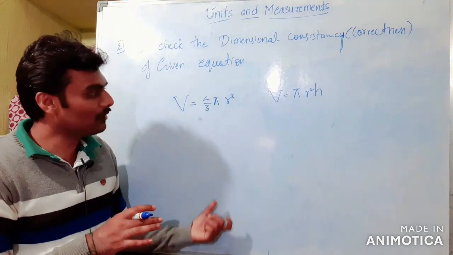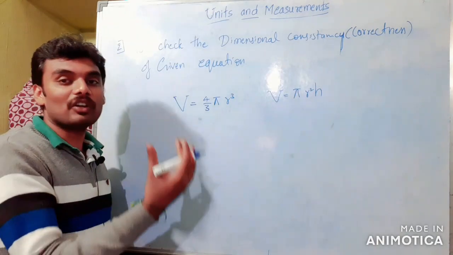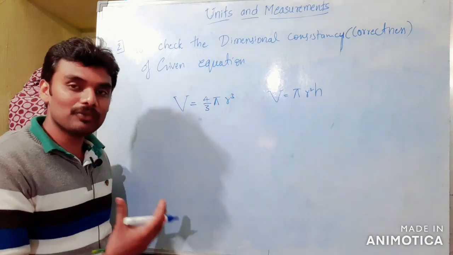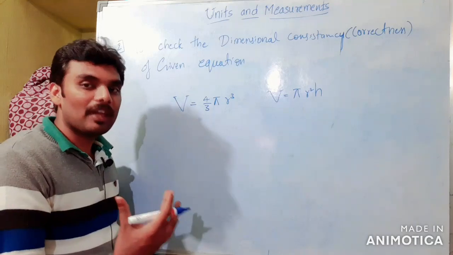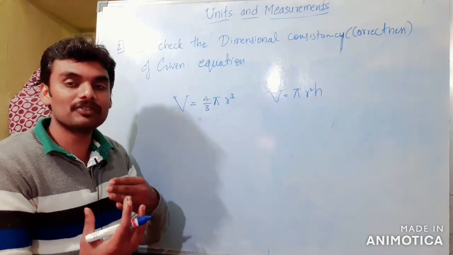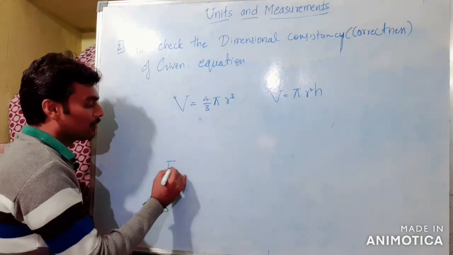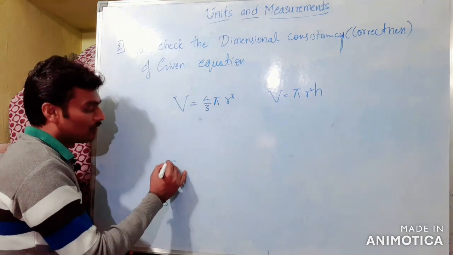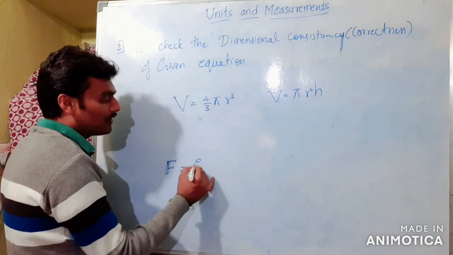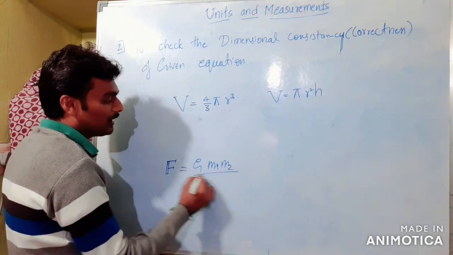So there are so many factors which come under dimensions like this: dimensionless constants, and constants with dimension. Yes, we do have so many constants with dimension, and if we have such constants in the equation, for example, I'll give you the formula of gravitational force, which you might know, F is equal to G m1 m2 by r squared, right?